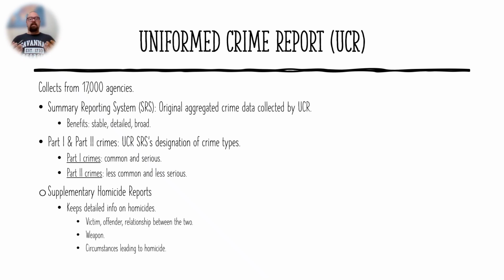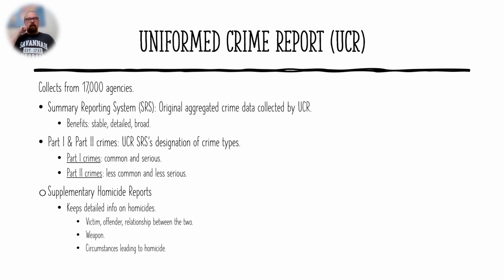The supplemental homicide report out of the UCR is specific to homicides, and it's a more detailed data source for homicides specifically. And then you have what is known as the summary reporting system.